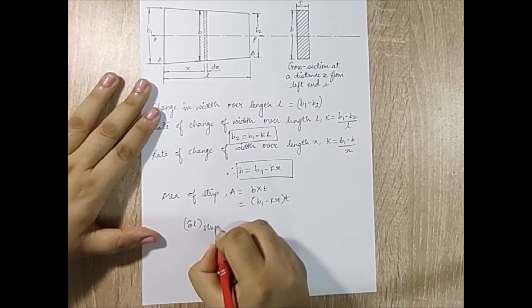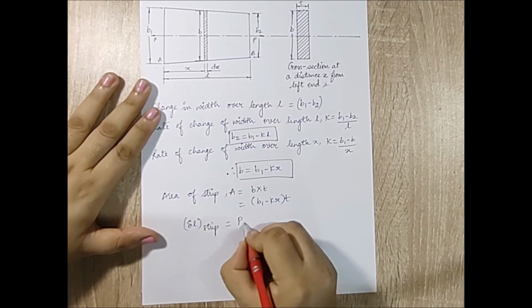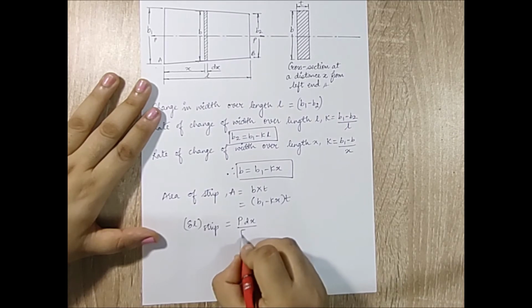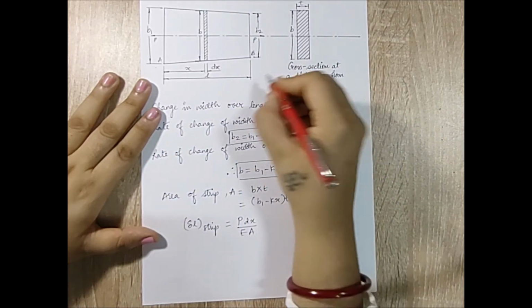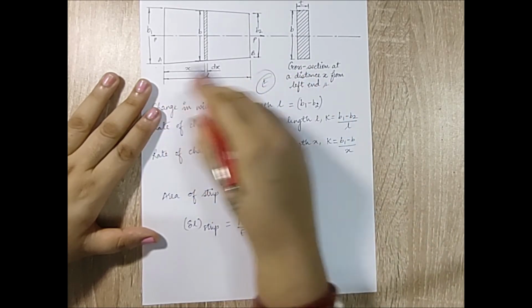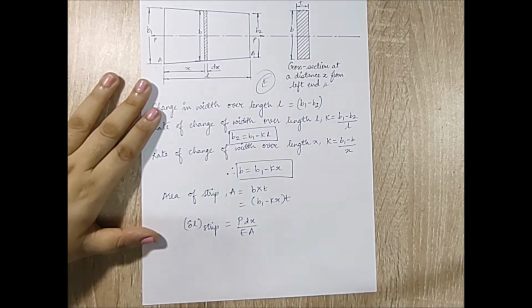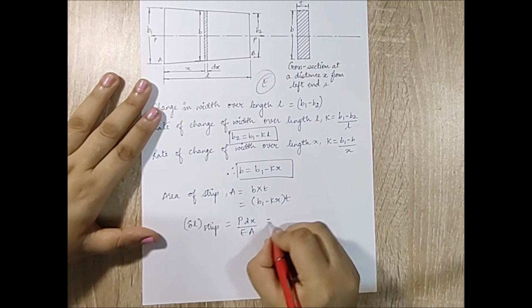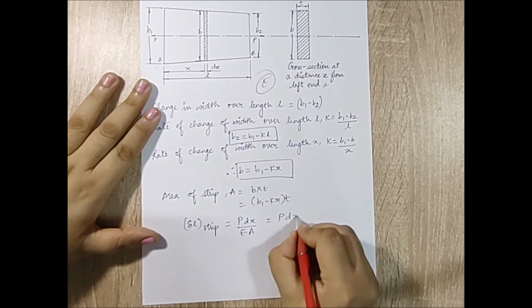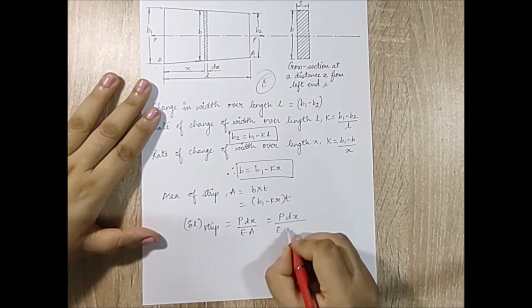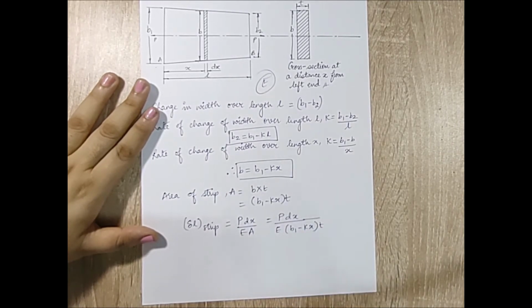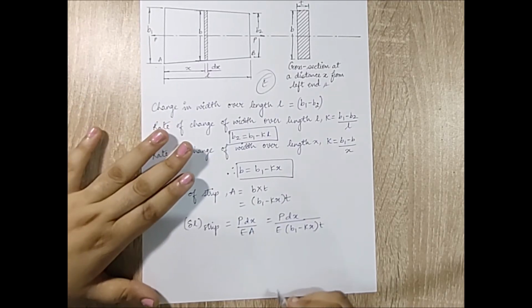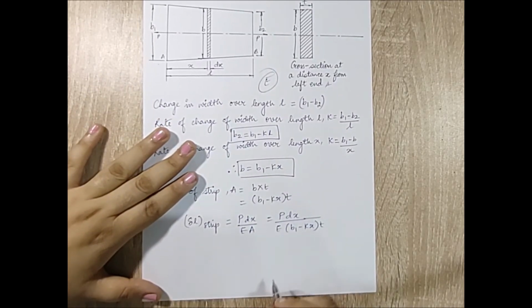So I'll write delta L of strip will be load into length upon E into A. Here obviously, like the previous derivation, I have assumed that the Young's modulus of the material for the tapered bar is E. So let's substitute. I get P dx upon E into B1 minus Kx into T. This is my area. This is the value of delta L strip.